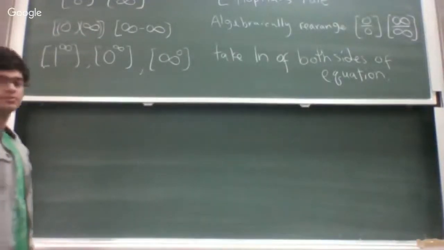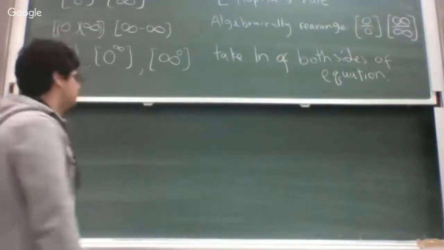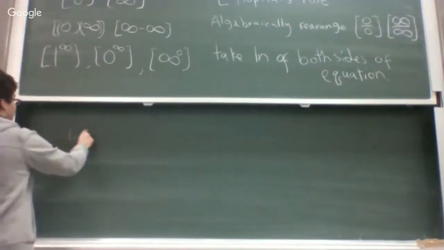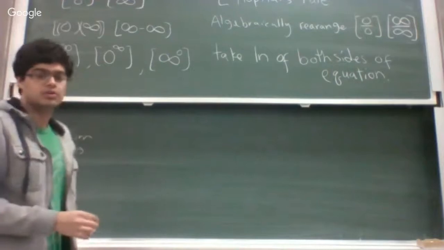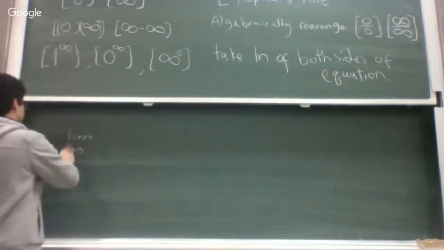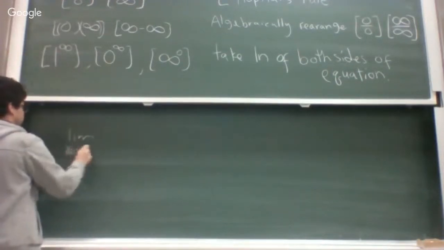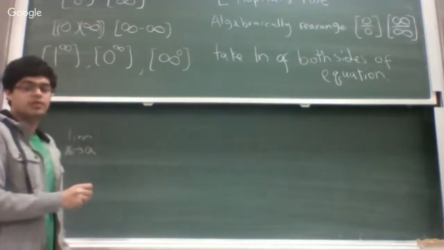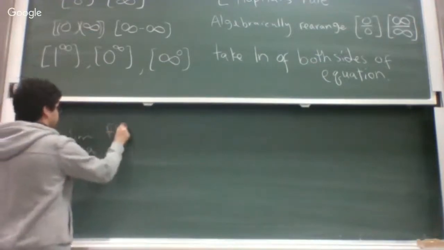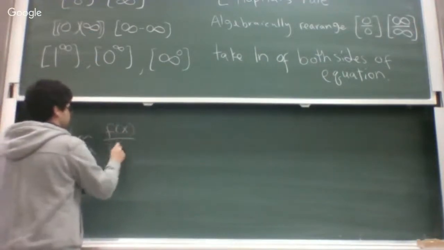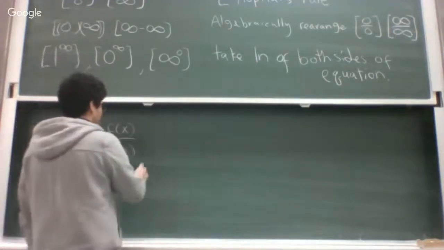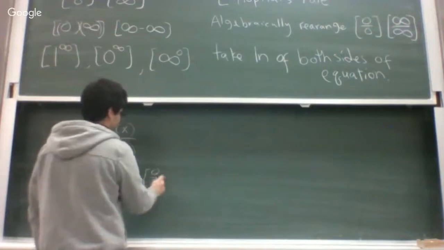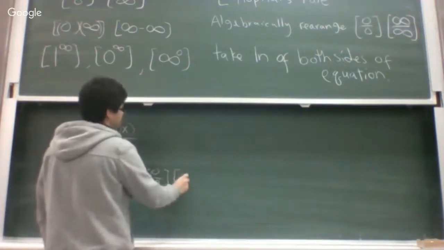L'Hopital's rule, this is what it follows. So you have a limit as x approaches an a value of f of x over g of x, and you happen to have 0 over 0, or infinity over infinity.